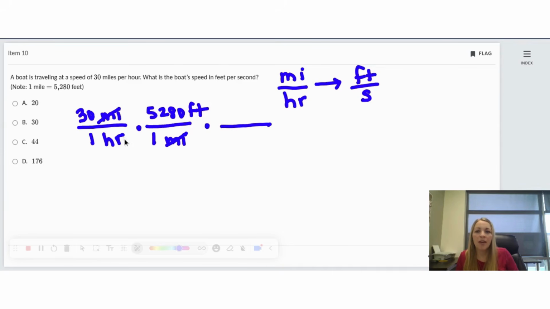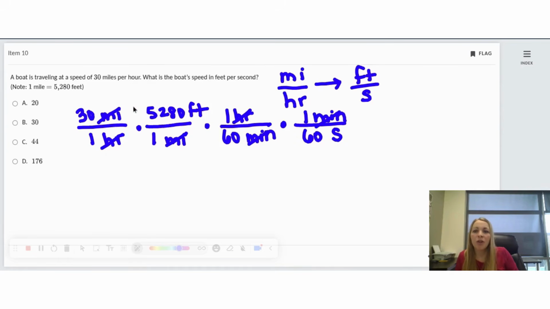I know that in 1 hour, there are 60 minutes. I put it like this because hours will cancel with hours. I'm not there yet. I need minutes getting to seconds. So I'm going to multiply by knowing that there's 1 minute for every 60 seconds. So I'm going to cancel minutes with minutes and come to Desmos.